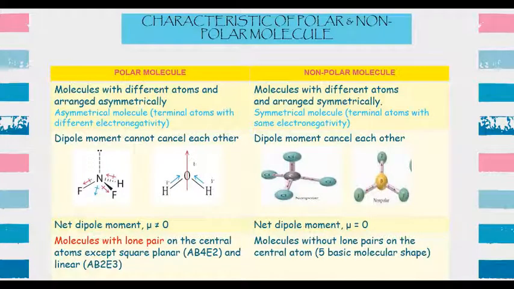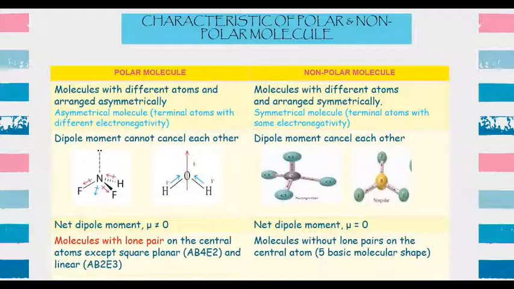So how can we determine which molecule is polar and which molecule is non-polar? There are certain characteristics of polar and non-polar molecules. Let's see the polar molecule first. Polar molecules have different atoms and are arranged asymmetrically. Usually, if we want to know whether a molecule is polar or not, we check the first characteristic: is it symmetrical or asymmetrical?